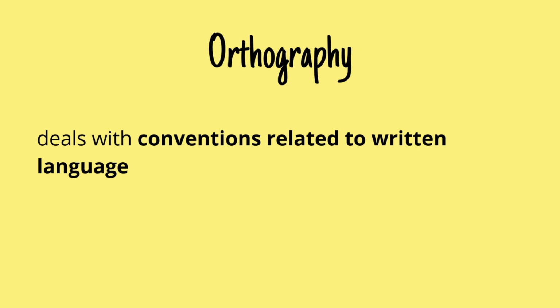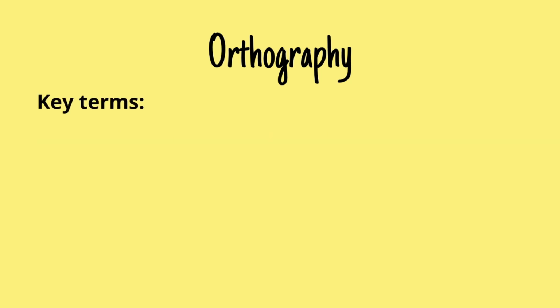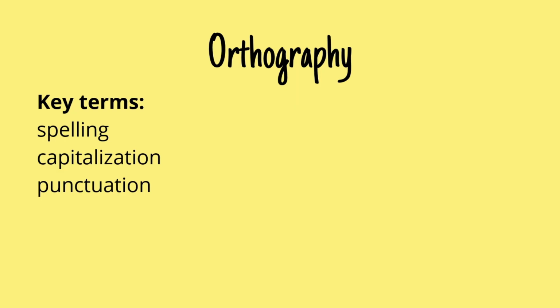This essentially means that when analyzing orthography, you are looking at how words are spelled. Are words capitalized, and what words are capitalized, and why and how the author uses punctuation. Especially when analyzing language change, we also pay attention to hyphenation. We analyze whether compound words are written with a hyphen, as one word, or as separate words.